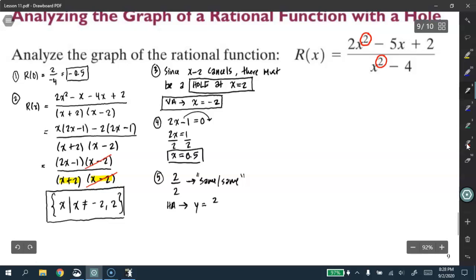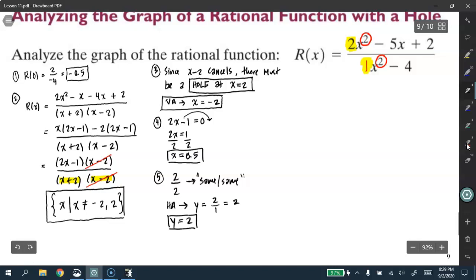So that makes it 2, and this time the 2 I'm getting is from over here, over 1. And the 1 that I'm getting is, of course, the coefficient of x squared in the denominator. So that's 2 over 1, and so that's going to give you 2. And so you have a horizontal asymptote at y equals 2.